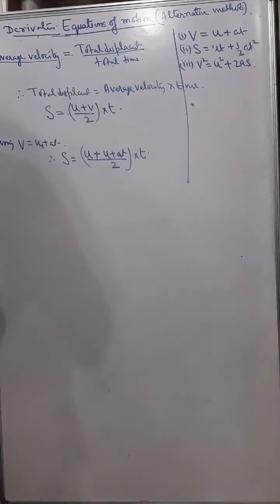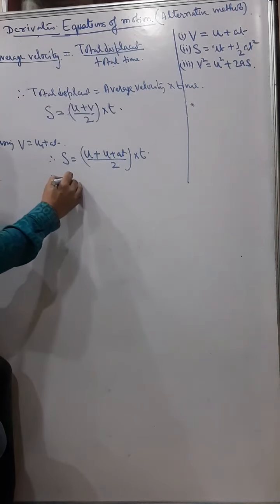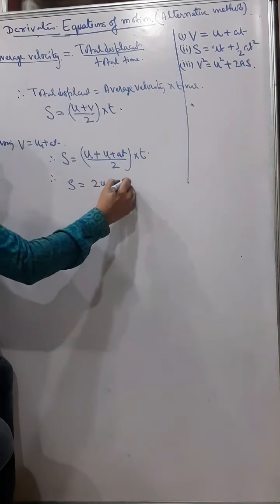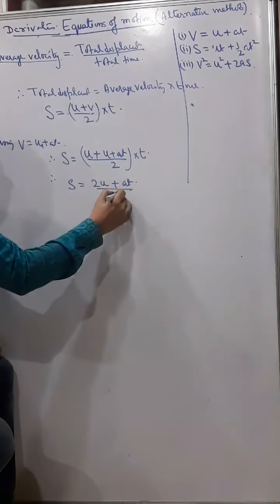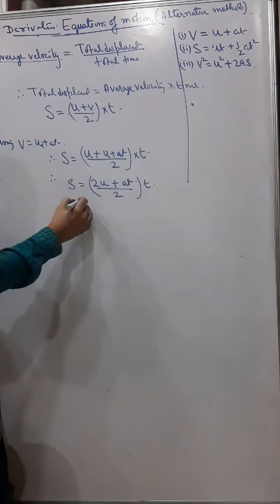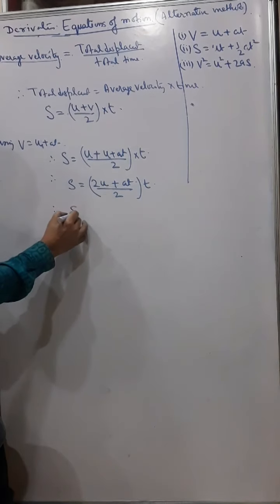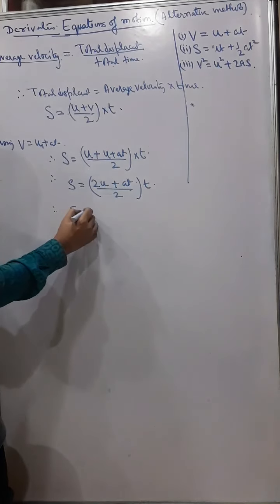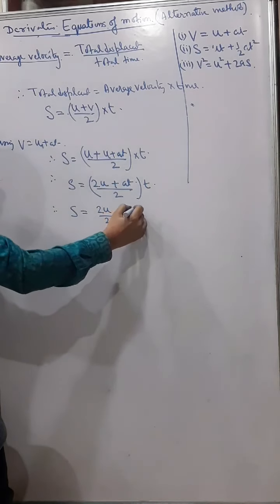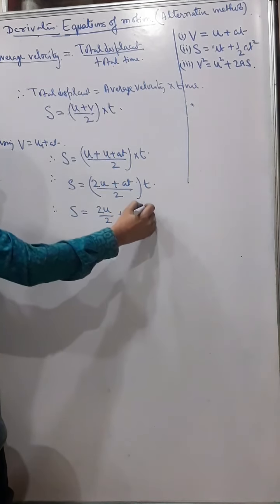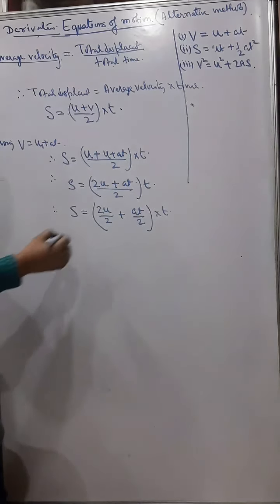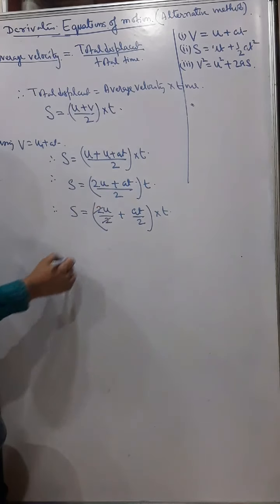Now if I derive this slowly, I'll get it. So I get s equals 2u plus at by 2, into t. I can split this by the LCM. I can write it as 2u by 2 plus at by 2, and t is outside, so the 2 got cancelled.